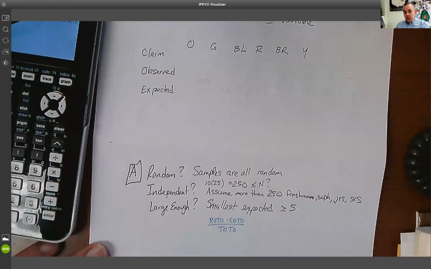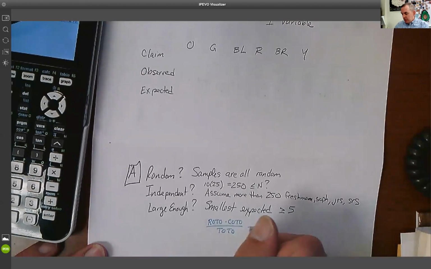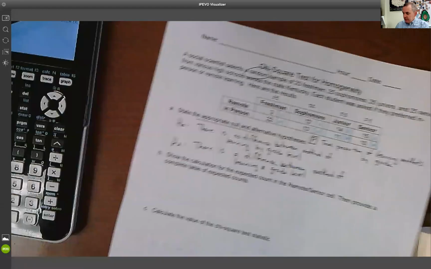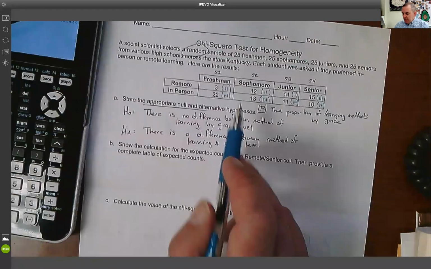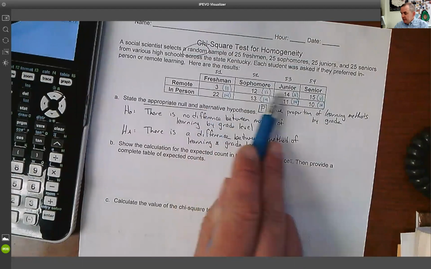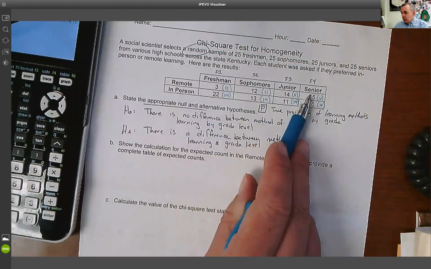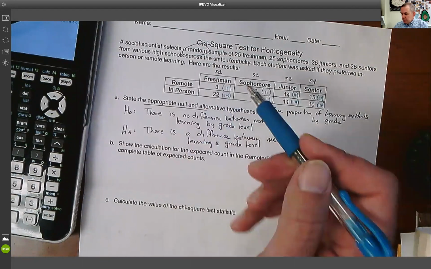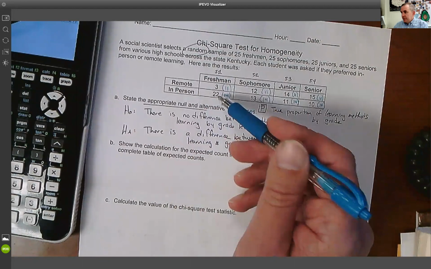So it is your row total times your column total divided by your total. So in this case, I would take my row total, 34, times 25. So again, my row total.